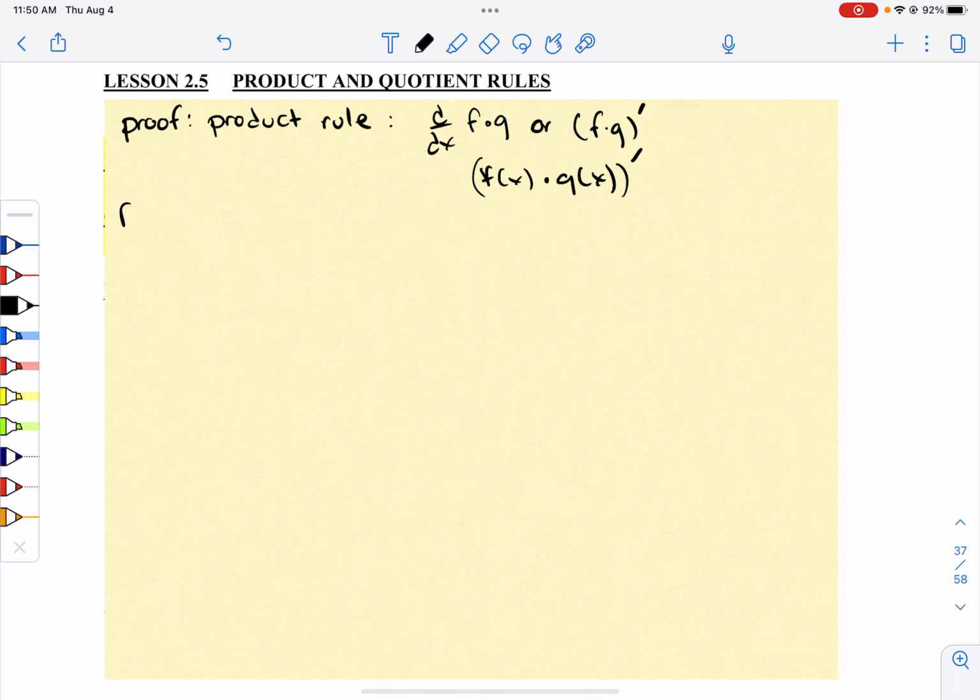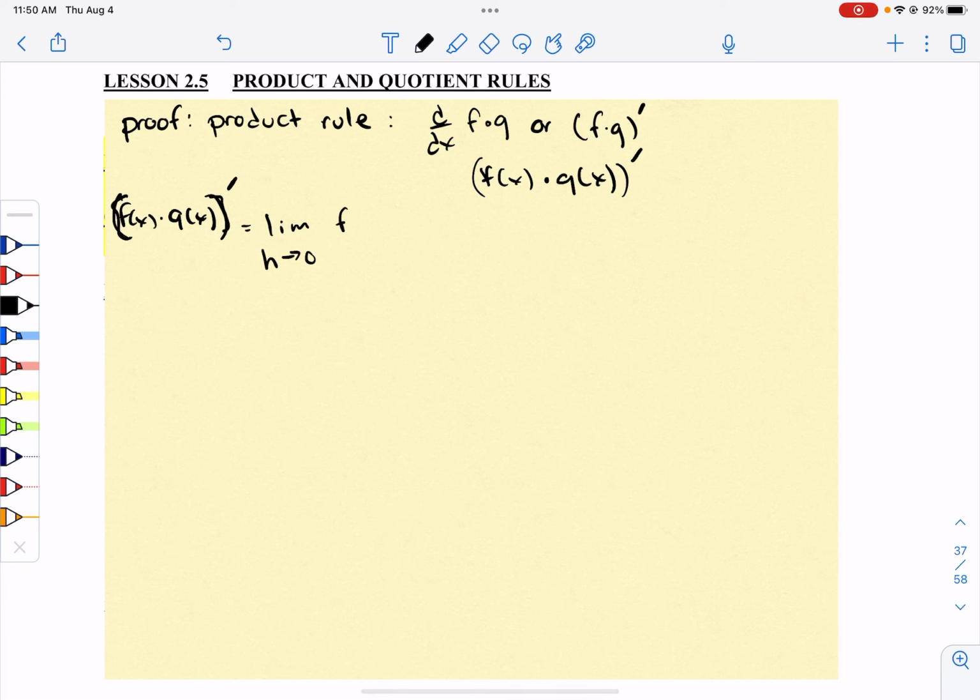So let's take f of x times g of x, and we are going to take the derivative, prime. Using my limit formula, I'm going to take the limit as h goes to 0. Now remember, I have to replace my x's with x plus h.